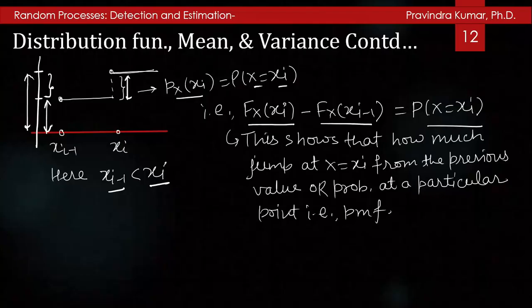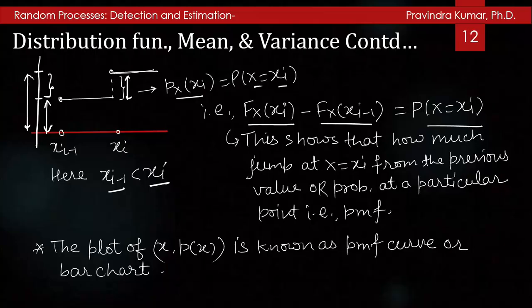This shows how much it jumps at x equal to xi from the previous value, or the probability at a particular point, and this is the PMF. And the plot of x and p(x) is known as the PMF curve or bar chart.